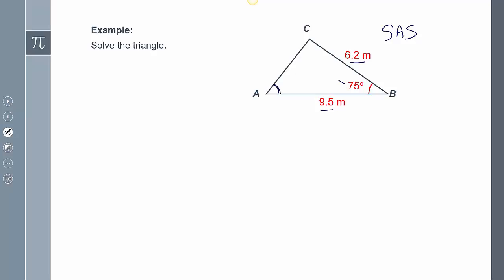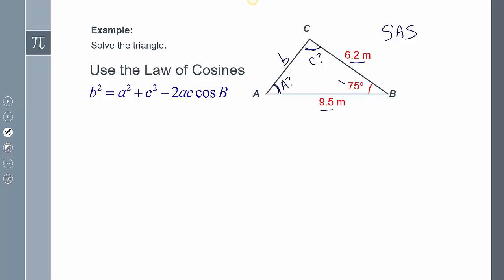I don't have angle A, I don't have angle C, and I don't have side B. If you look through the formulas, there's no formula in which I can find angle A without knowing my B, and I can't find angle C without knowing my B. The only alternative is to find my B first, so I'm going to use the formula that has B by itself. B squared equals A squared plus C squared minus 2AC cosine B.